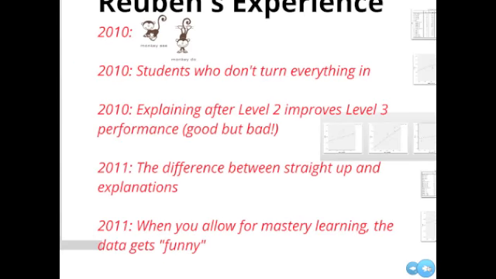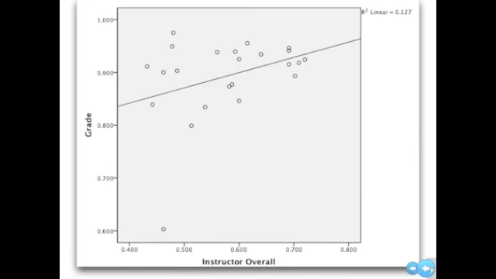And then the last thing, when you allow for mastery learning, now I'm getting to some of the 2011 stuff, the data will get funny. So this is the 2011 correlation. Now, what you see here is, again, a couple of oddities. You see this one student that seemed to be fairly disengaged from the clickers and ended up getting a lousy grade.